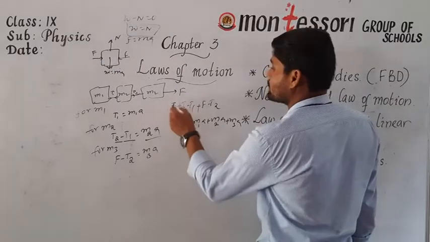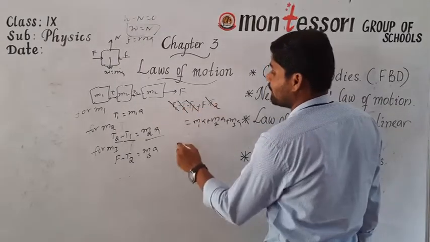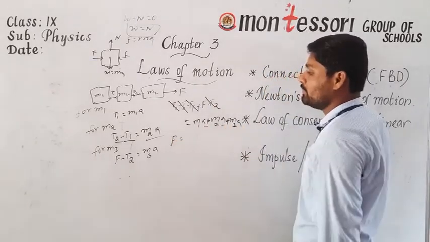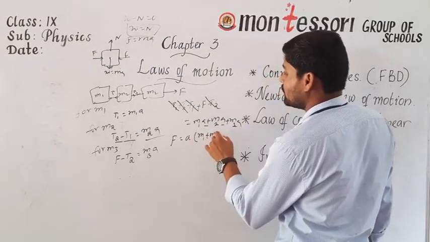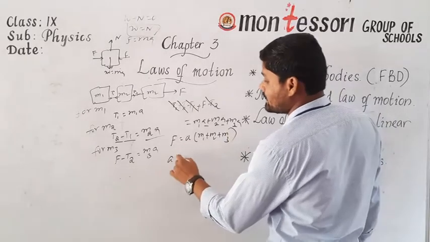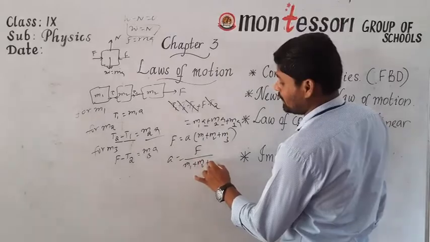Here, T1 and minus T1 cancel, and plus T2 and minus T2 cancel, right? Then F is equal to, if you take a common from these three, a into m1 plus m2 plus m3. Then a becomes F by m1 plus m2 plus m3.